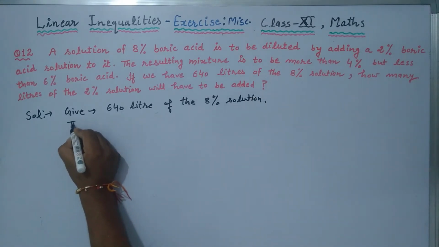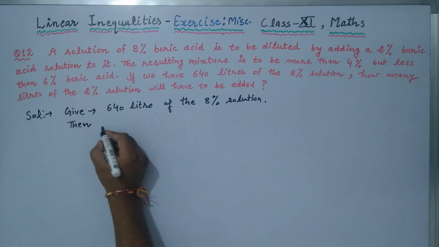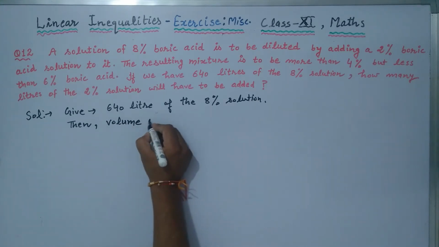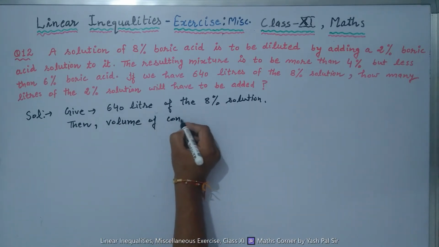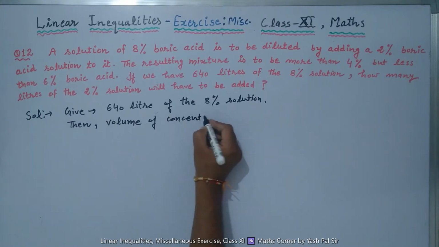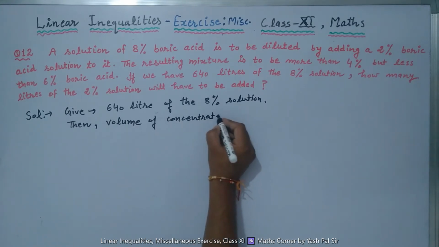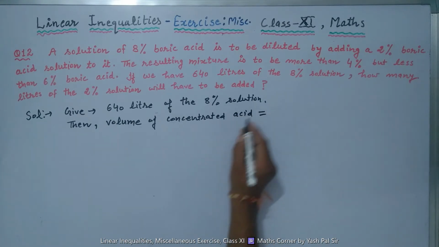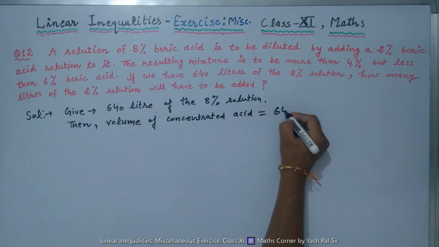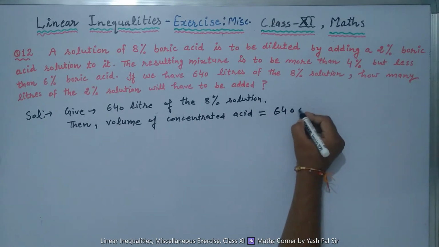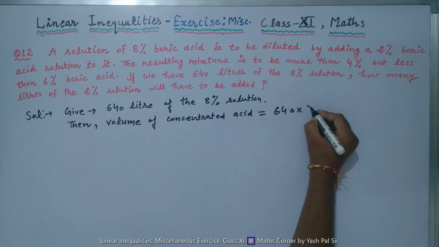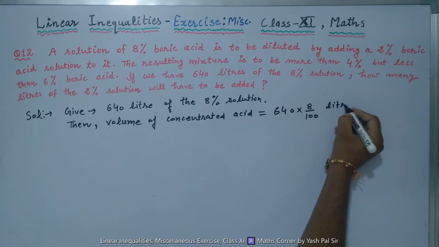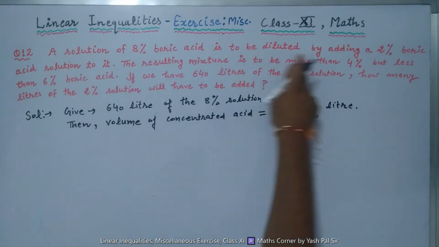Then what we write here, then volume of concentrated acid is equal to 640 of 8%, into 8 upon 100 liter, right? So this line is complete.